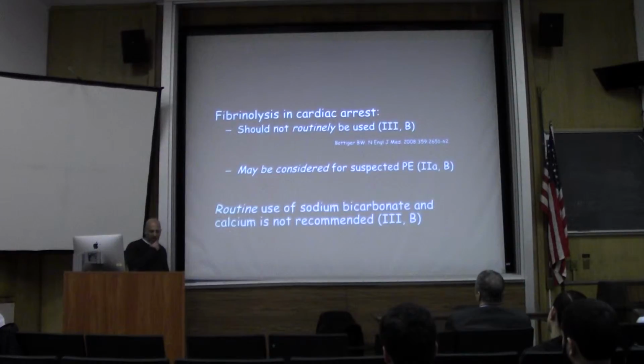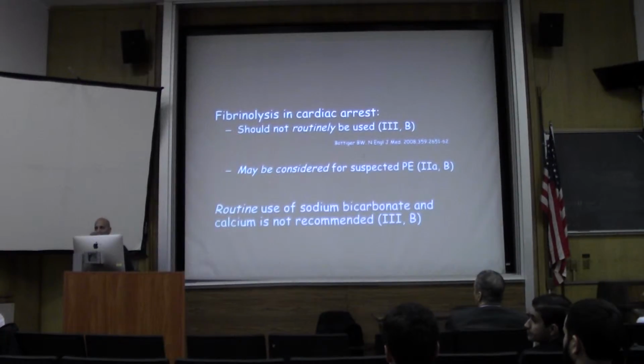Now what about bicarbonate and calcium? The routine use of bicarbonate and calcium is not recommended either. However, when would you use it? In which situations would you use sodium bicarbonate? Drug overdoses, right?